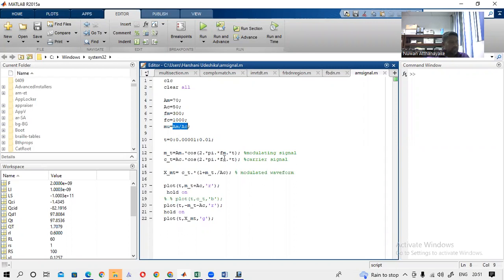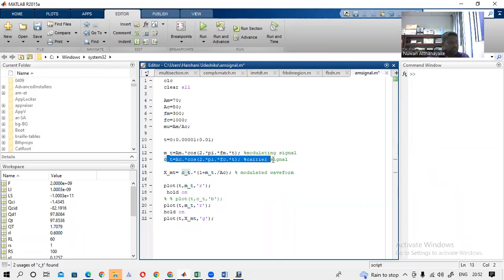Okay, so we are going to plot the waveform. This is our modulating signal, the information signal, and this is our carrier signal.